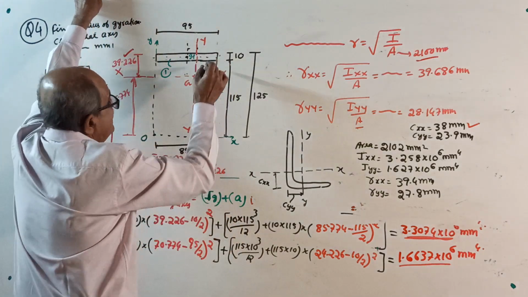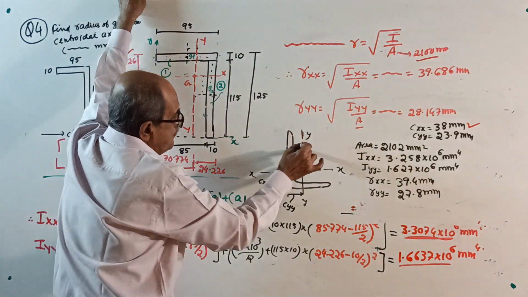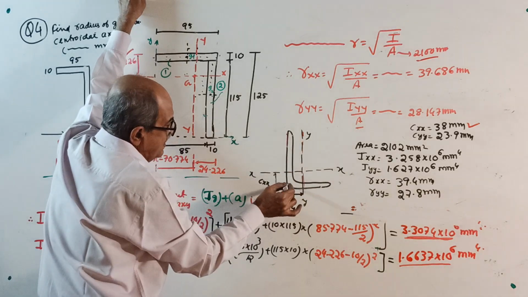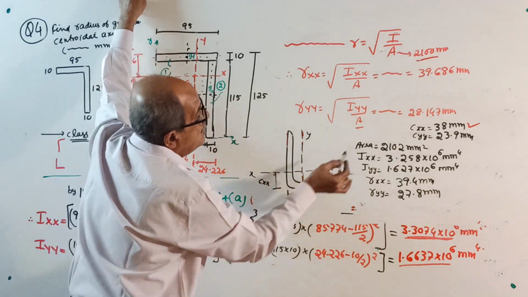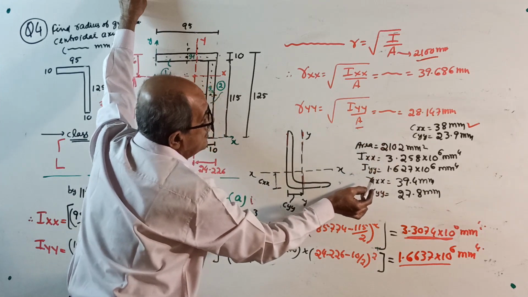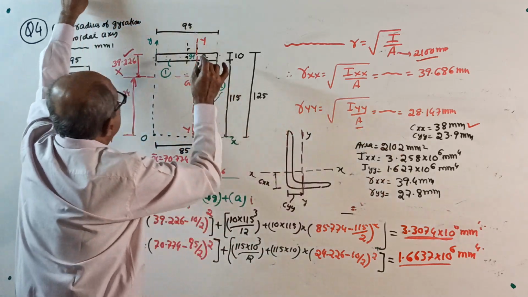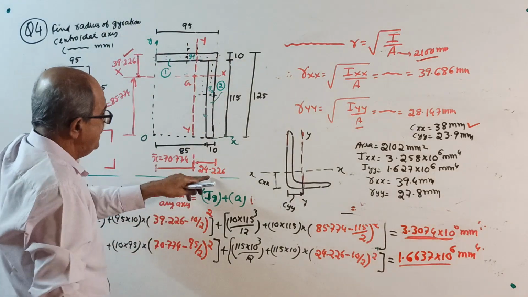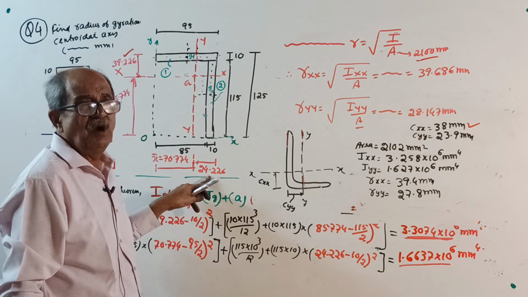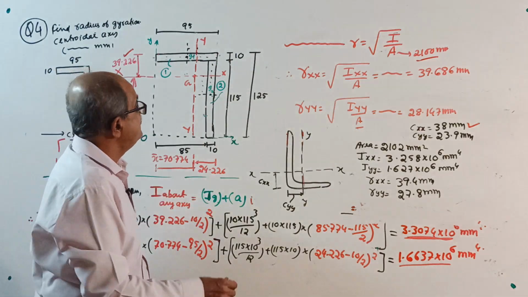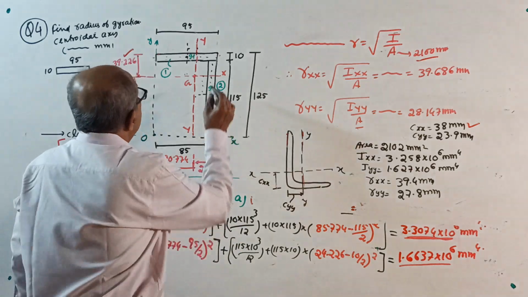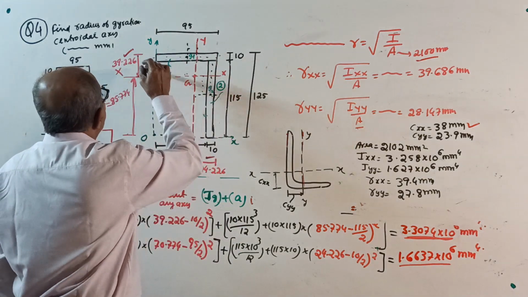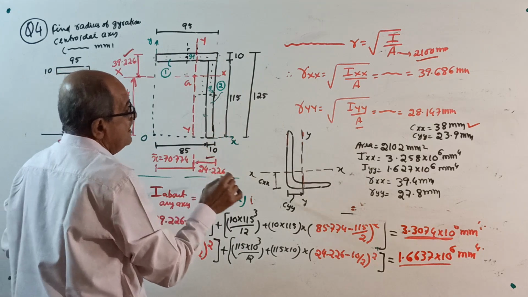And they told distance of centroid from YY, from the longer leg here, CYY is, where is it? 23.9. That is this distance, 23.9. Ours is 24.2. 23.9 is almost 24 only. Okay. This is also correct. Then area is correct.